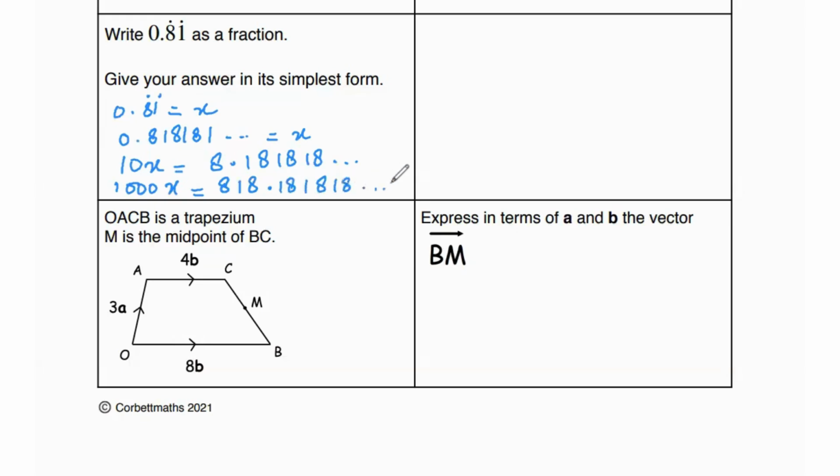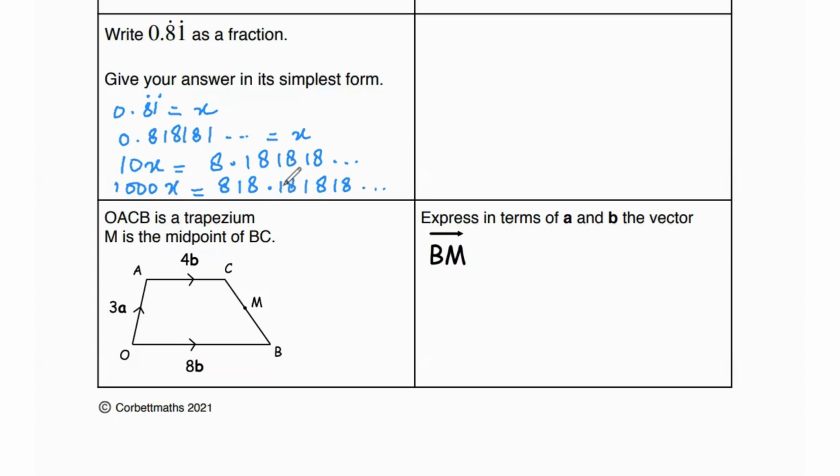Now, the reason why I multiplied x with 1,000 is because if we look at 10x, the first number after the decimal is 1. And if we multiply x with 1000, the first number we get after the decimal is also 1. So for us to get rid of all the numbers after the decimal, we need to make sure that both 10x and 1000x have the same numbers after the decimal.